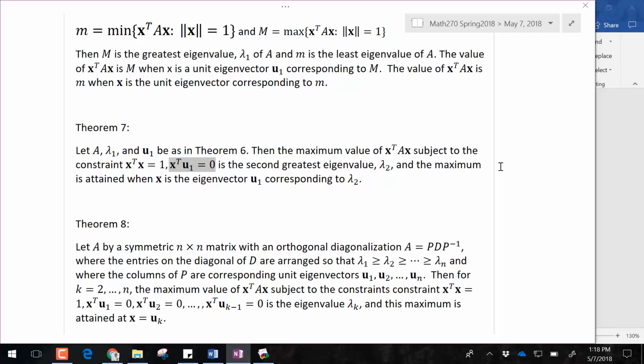But the idea is that if you have multiple dimensions, usually more than 2, then you can rank your eigenvalues and your eigenvectors: the maximum, then another constraint, and then a maximum with a second constraint, etc. The purpose of this theorem is basically to rank your eigenvalues, putting them from the greatest to the smallest.